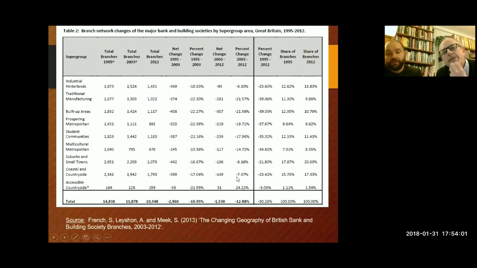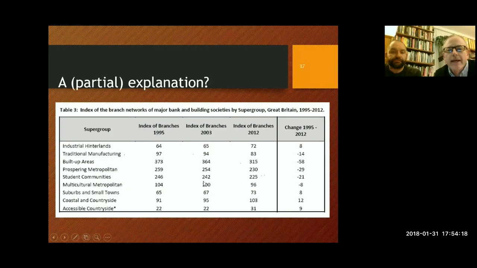And what we did is try to look at this in relation to certain geodemographic areas by using a fairly crude categorization, but it's quite complicated, so I'm not even going to go through that at the moment. But these are different types of areas, and this gives some partial explanation.